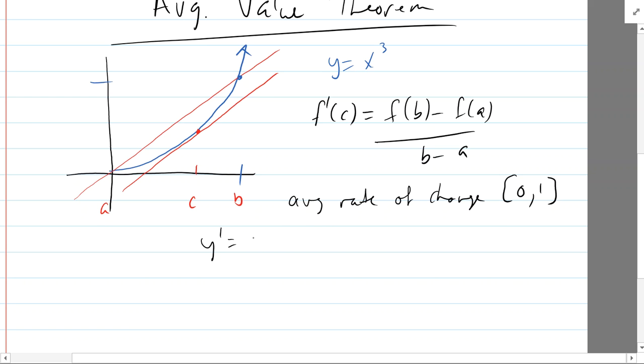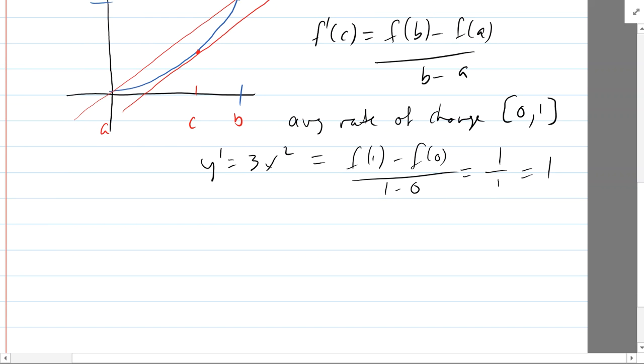Y prime is equal to 3x squared. Agreed? And when we did this, did we go, okay, that has to equal f of 1 minus f of 0 all over 1 minus 0? F of 1 is 1, f of 0 is 0, so it's 1 over 1 is 1. Not real hard. That was the slope of 1.